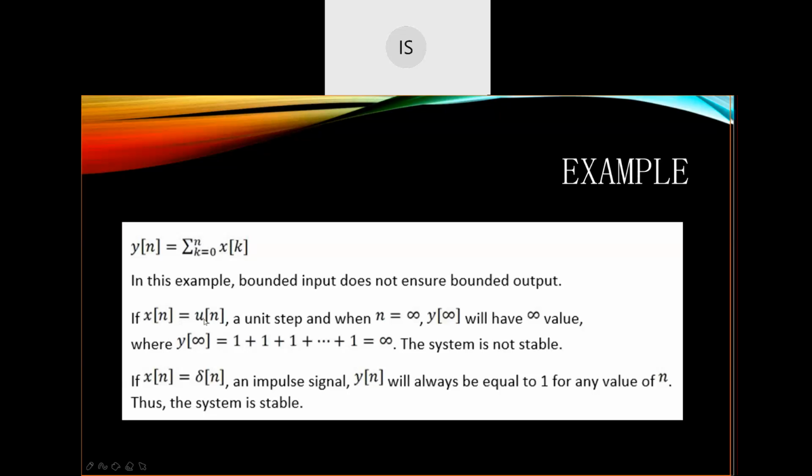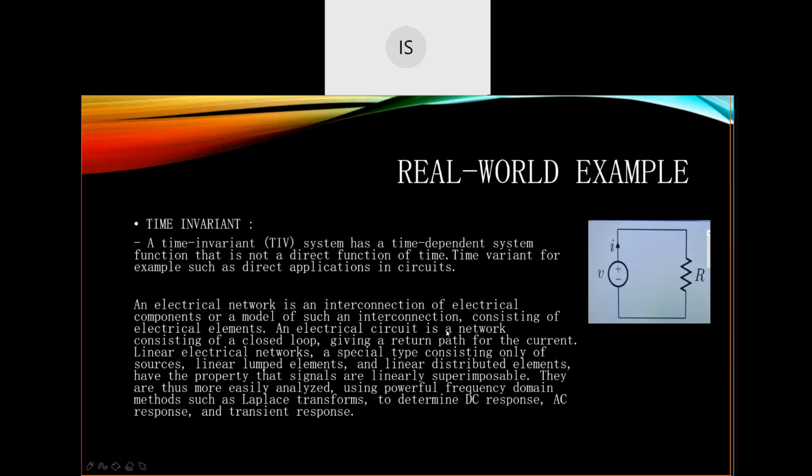If x[n] = u[n], a unit step, and n is equal to infinity, y[infinity] will have an infinite value, where y[infinity] = 1 + 1 + 1 and so on until infinity. The system is not stable. If x[n] = delta[n], an impulse signal, y[n] will always be equal to 1 for any value of n, thus the system will be stable.